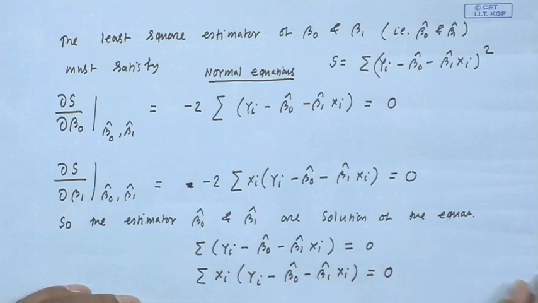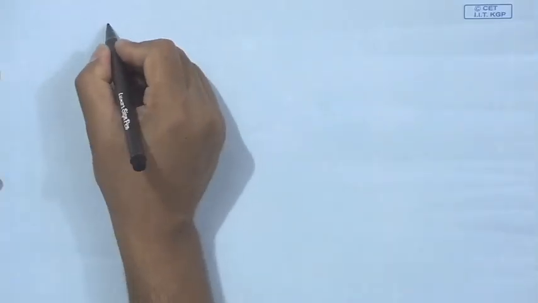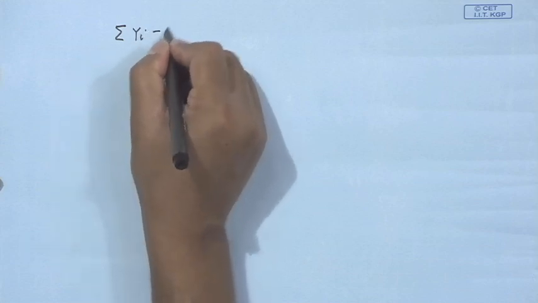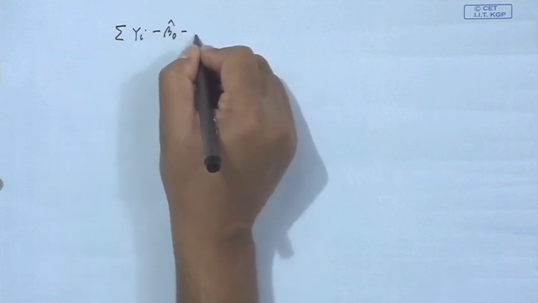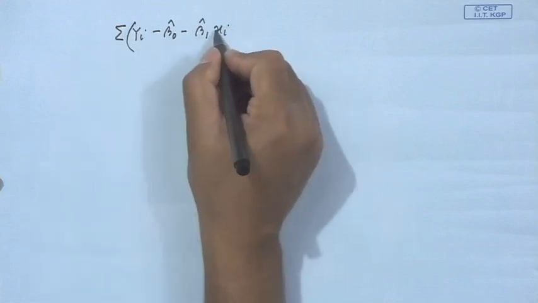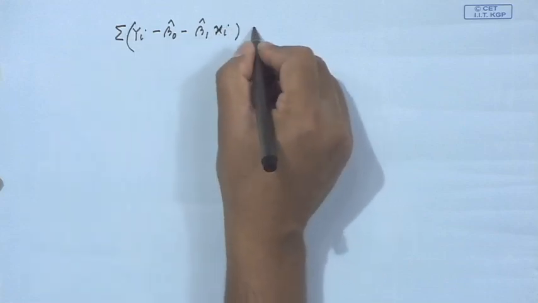So, we will be doing that. Let me start with this one. The first equation is summation y I minus beta naught hat minus beta 1 hat x I equal to 0.